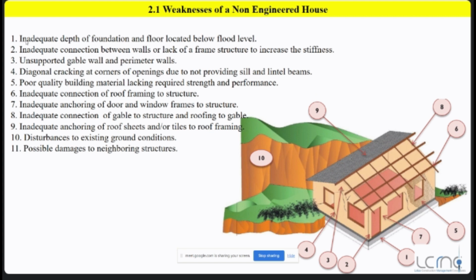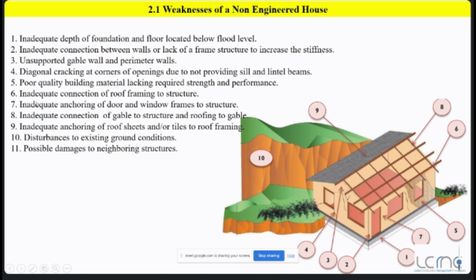So definitely you need to have a sill beam and lintel beams. You can see in this image also there are some diagonal cracks forming. Okay, these are the diagonal cracks. If you go to your villages and observe normal houses, the people don't provide these sill beams. Go and check, definitely there will be cracks like this. Okay, so that is that.